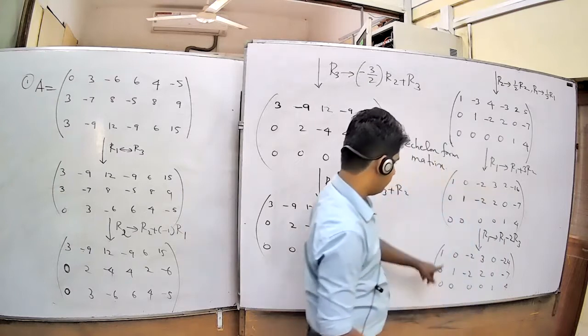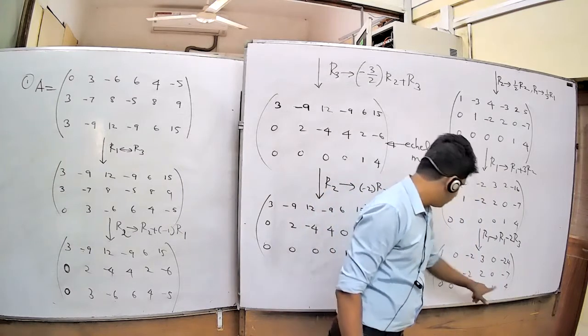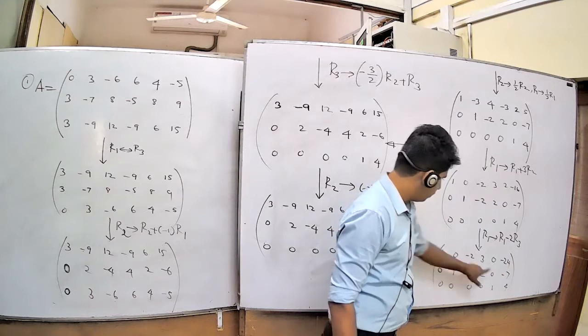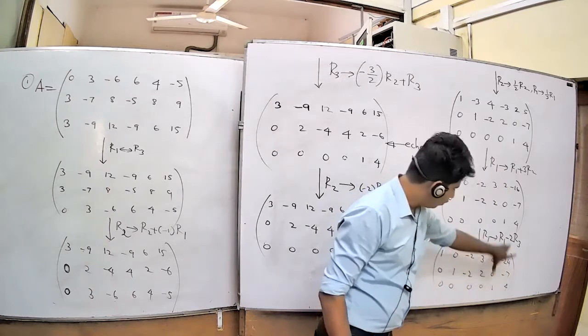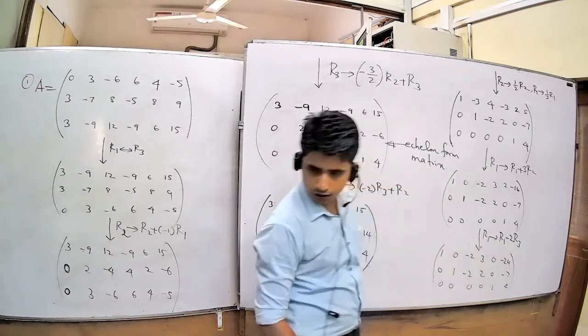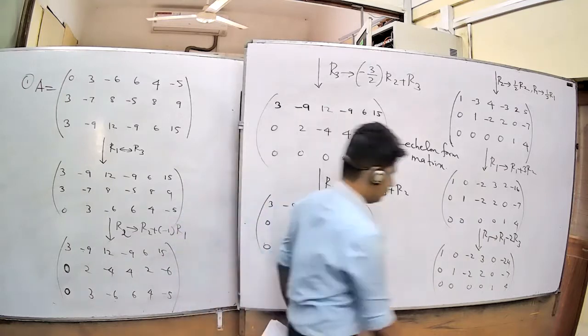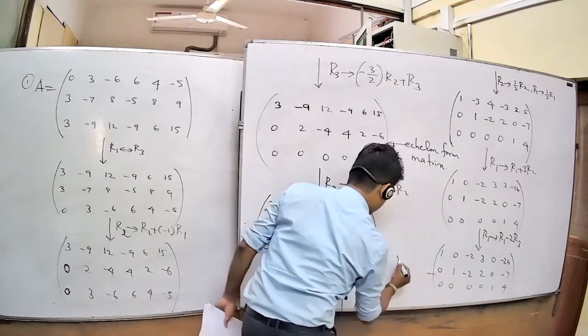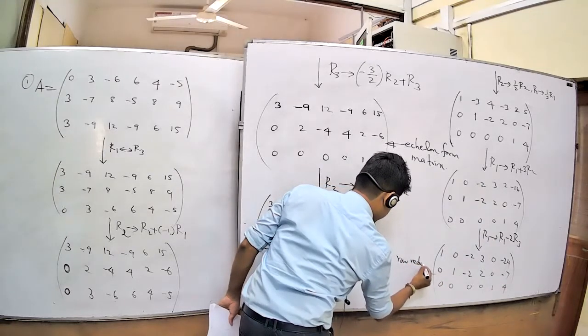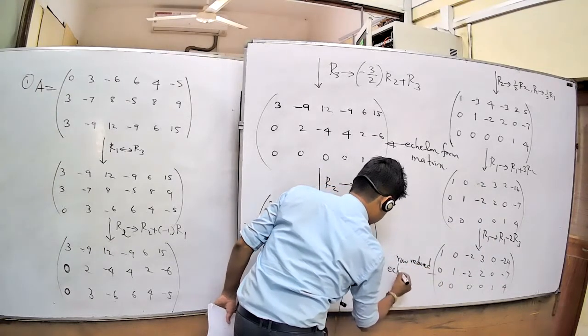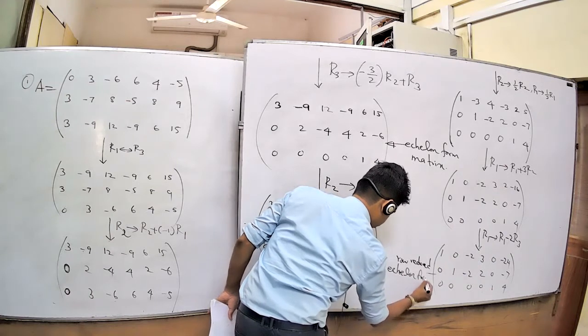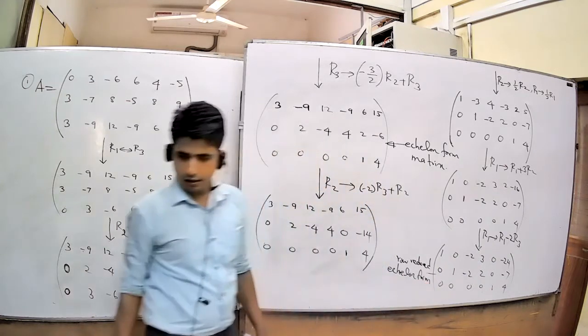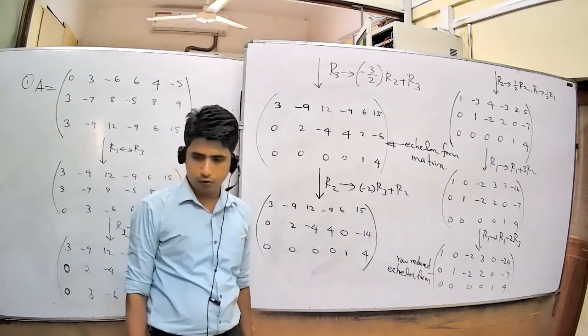Here you are leading entry 1, here leading entry 1, here leading entry 1, others are 0. Therefore, this is your row reduced echelon form matrix, right? You can write this one as the row reduced echelon form.